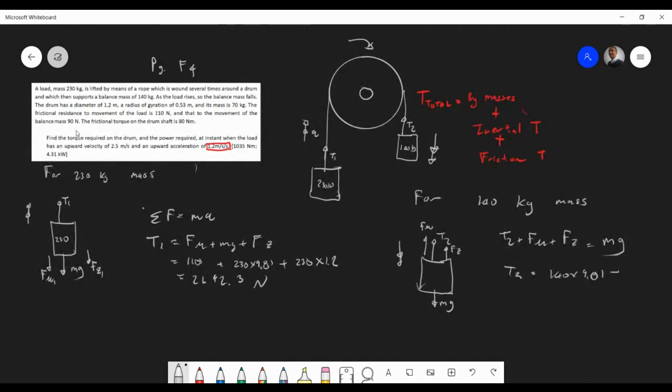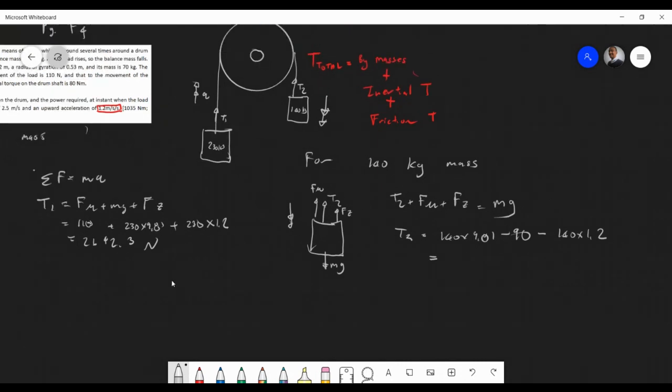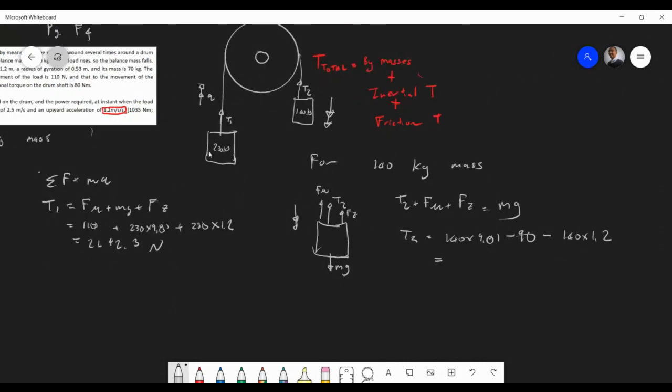That's the frictional resistance to the movement of the balance mass, 90, minus Fz, which is 140 times 1.2. That's the tension in that rope. It's also important when you design these ropes that they are able to withstand those loads. So what is my T2 value?